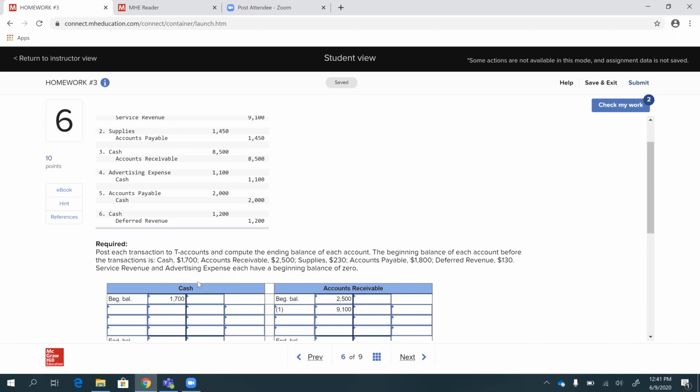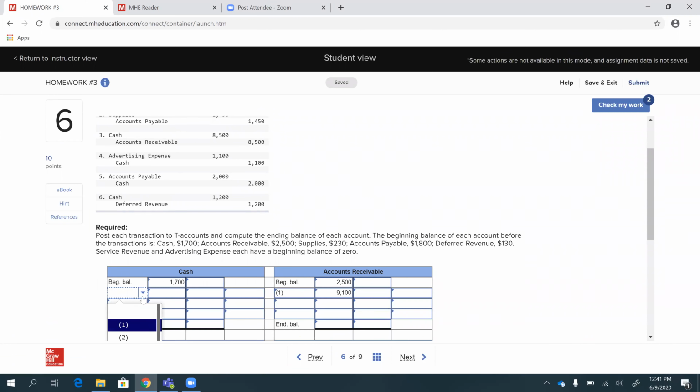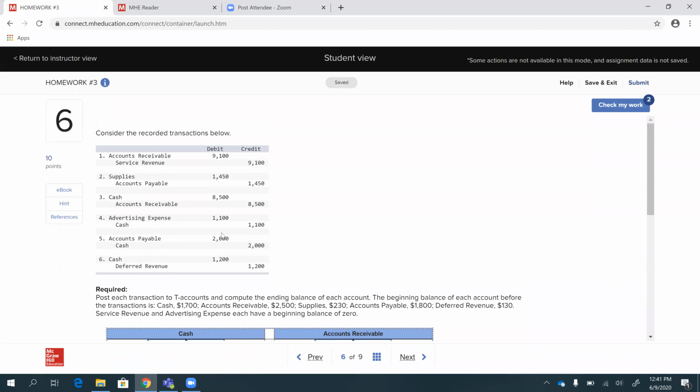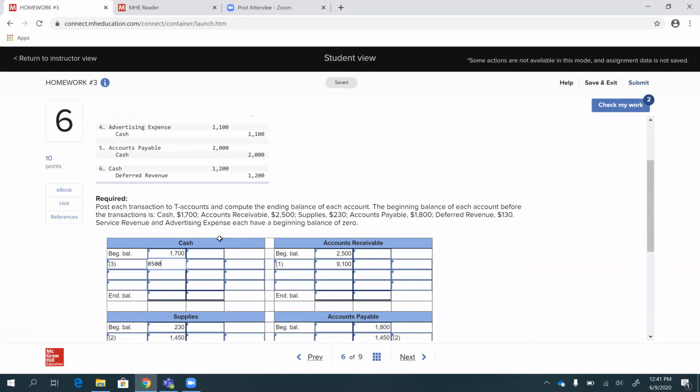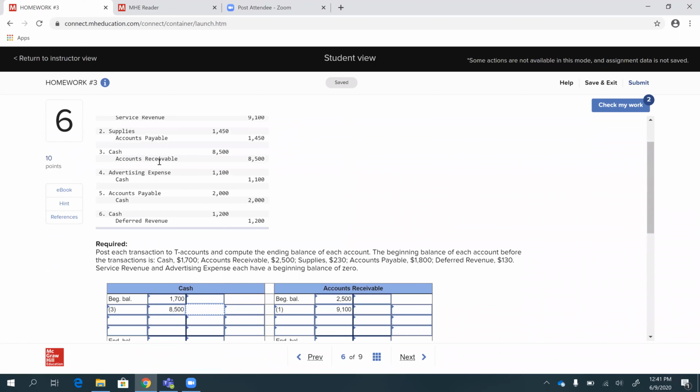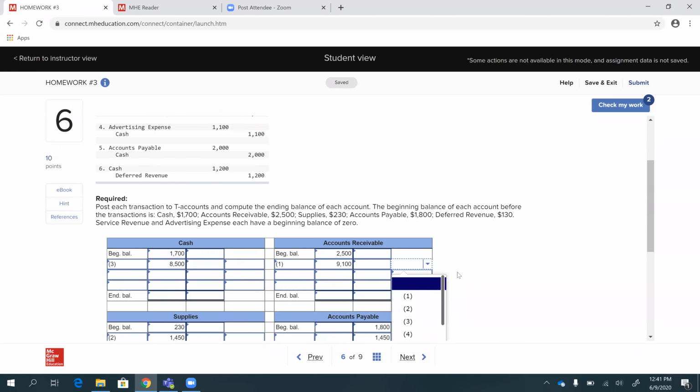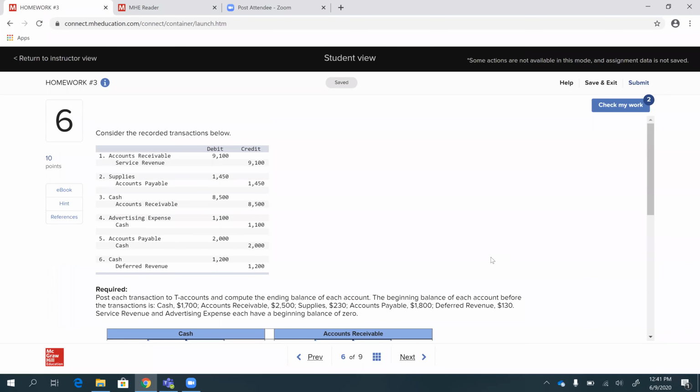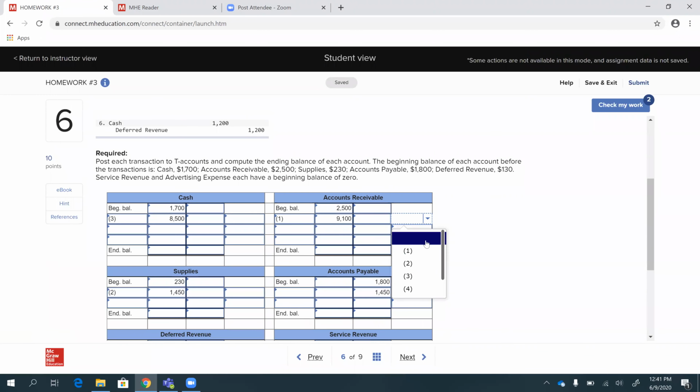So cash is a debit of $8,500, and accounts receivable is now $8,500.